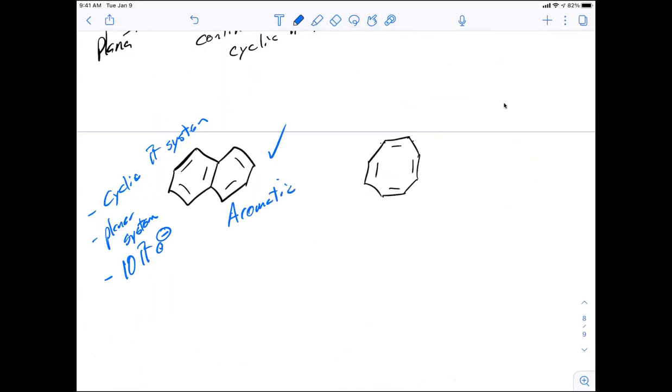Okay, on the next one, do I have a continuous pi system? Or do I have a pi system? Is every single carbon sp2 with a p orbital? Yes. So I have a cyclic pi system. Is it continuous?